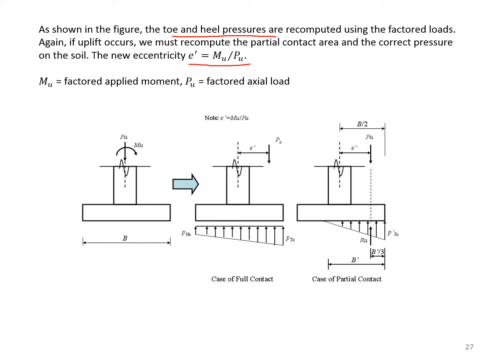Mu is a factored applied moment, Pu is a factored axial load. As you can see, it's a very similar figure, except that the load is Pu, the toe pressure is P sub tu, and the heel pressure is P sub hu. If we have partial contact, then we have to recompute P prime tu using a similar equation as I gave to you before.